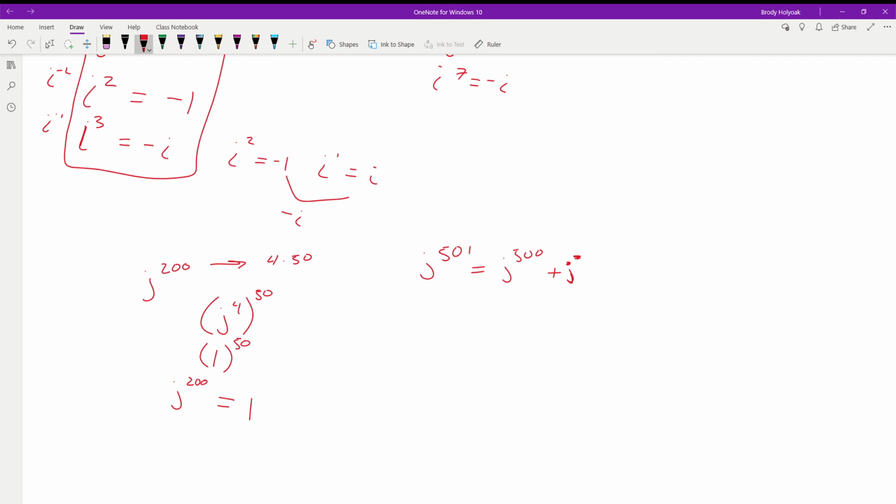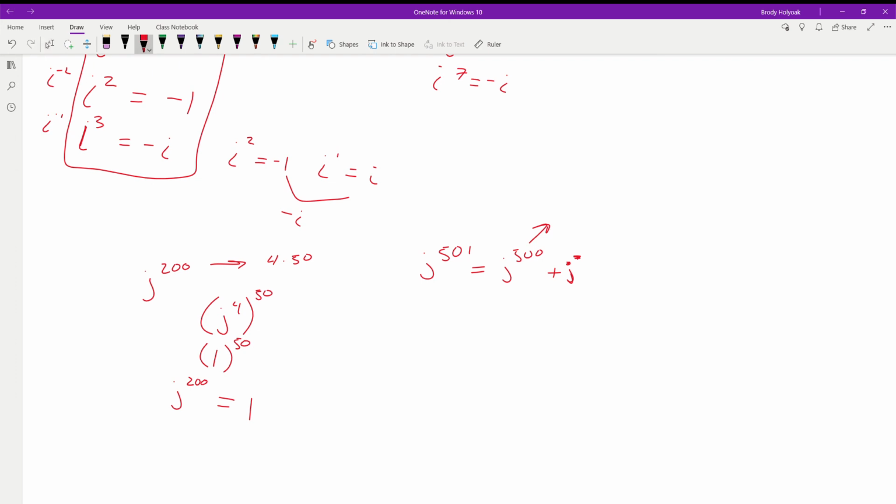So this 500, how can we simplify this value? We could do 300 and 200, because we have to get back to 500. What about using this previous one? How many groups of 4 are there in 500? 125.